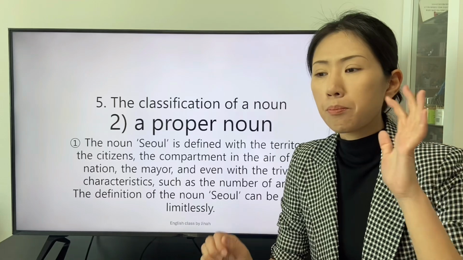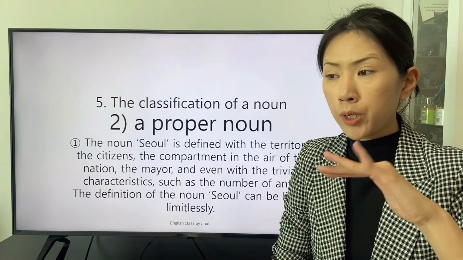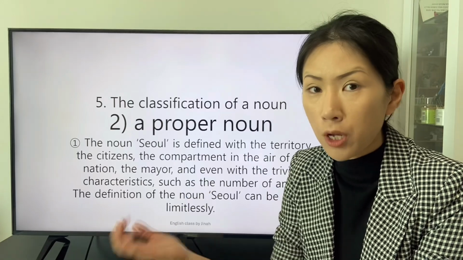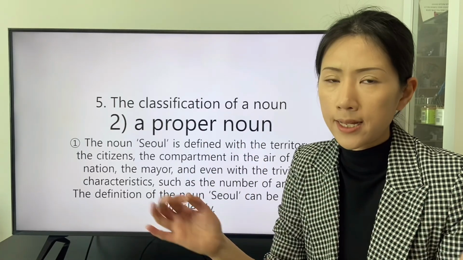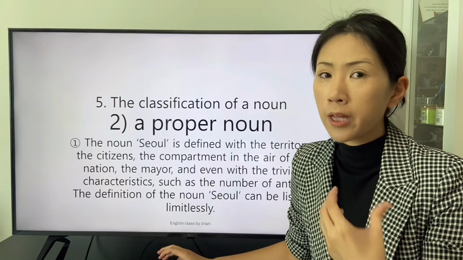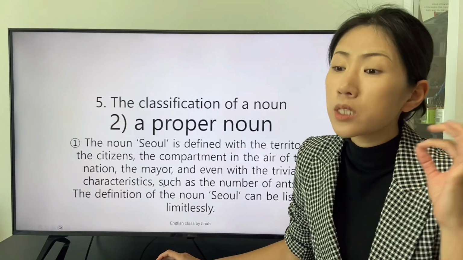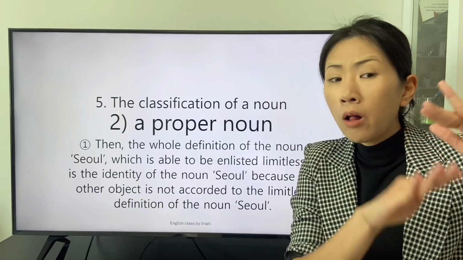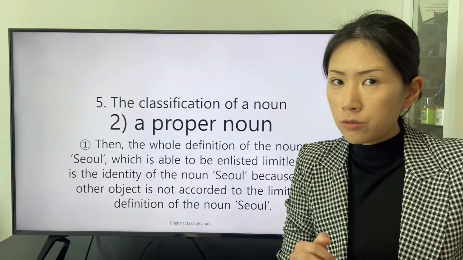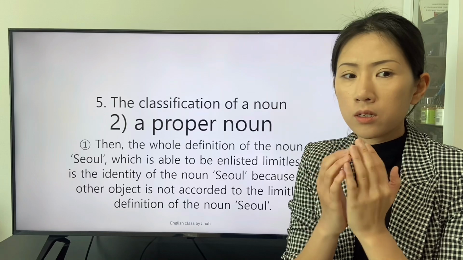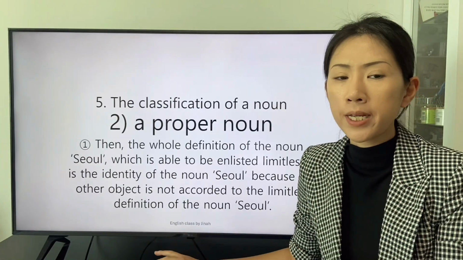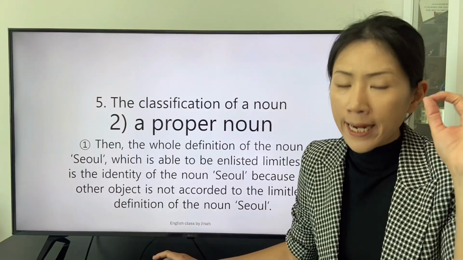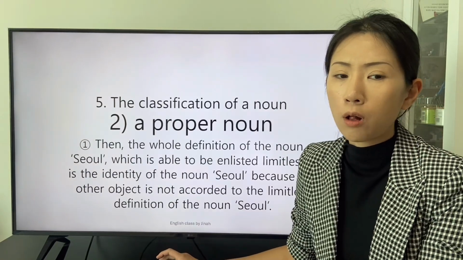In this way, the people in a linguistic group can list the definition of the noun Seoul limitlessly because the noun Seoul can be defined with trivial characteristics. Then, the whole definition of the noun Seoul, which is able to be enlisted limitlessly, is the identity of the noun Seoul.